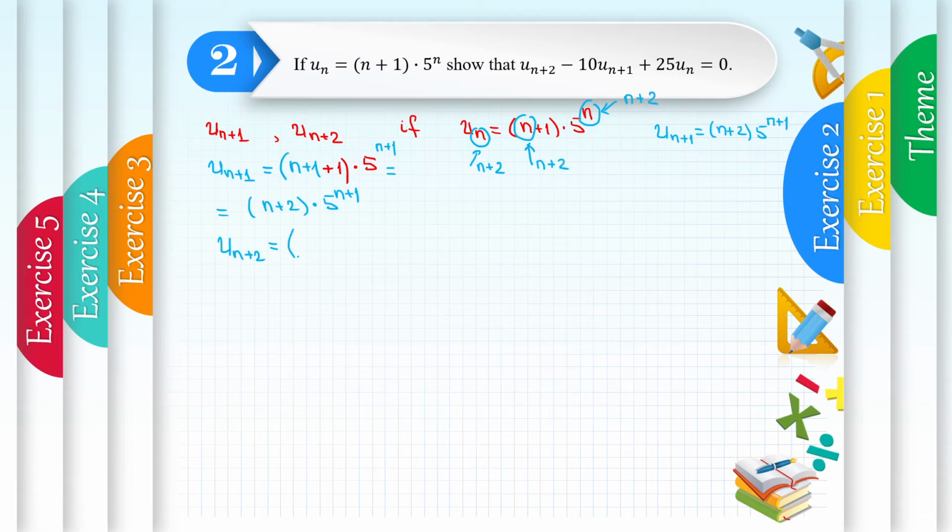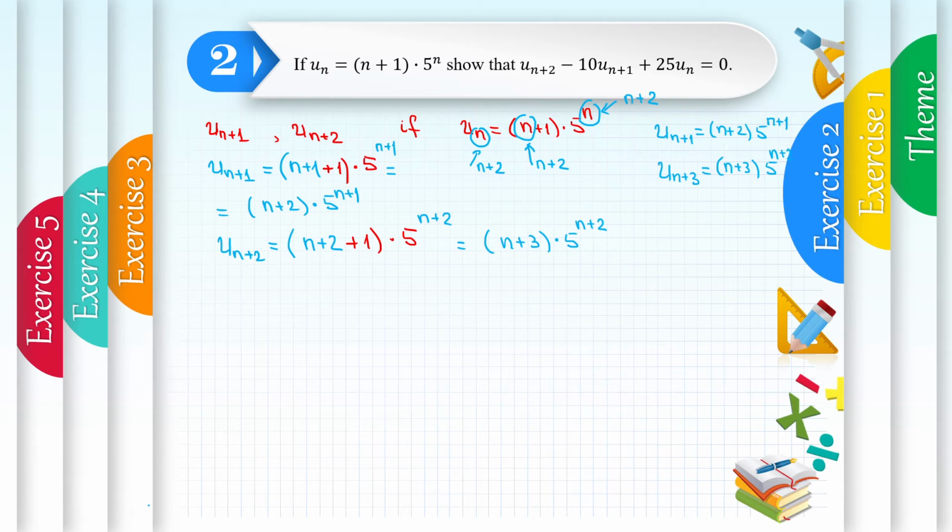And we'll have the following: n plus 2 plus 1 multiplied to 5 to the power n plus 2, which in fact gives us n plus 3 multiplied to 5 to the power n plus 2. So un plus 2 is equal to n plus 3 multiplied to 5 to the power n plus 2.